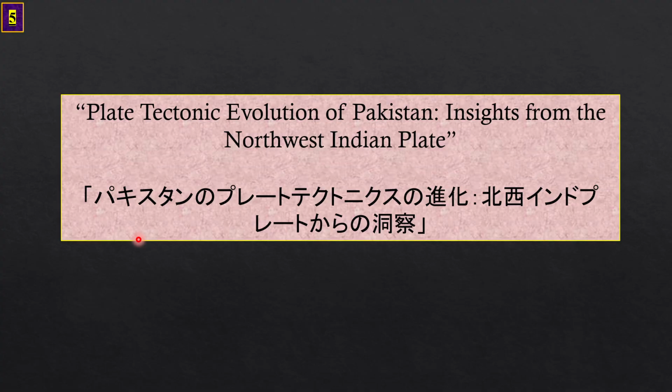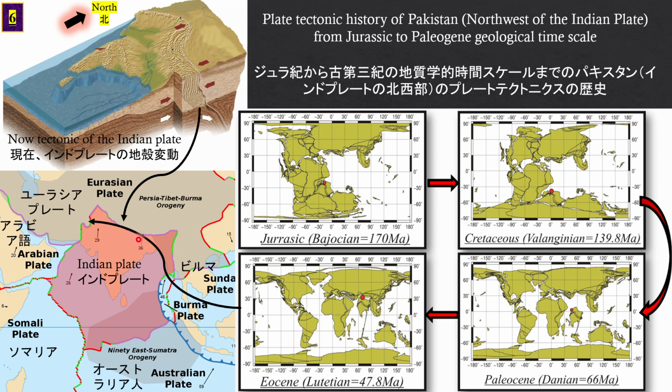So what is the tectonic evolution of the northwest Indian plate of Pakistan? In the Jurassic, Pakistan was present near the southern pole, but from the Jurassic to Cretaceous it was cut from Gondwana and started moving northward. In the Paleocene it was present at the equator, so mostly coal layers or coal deposits formed in the Paleocene rocks.